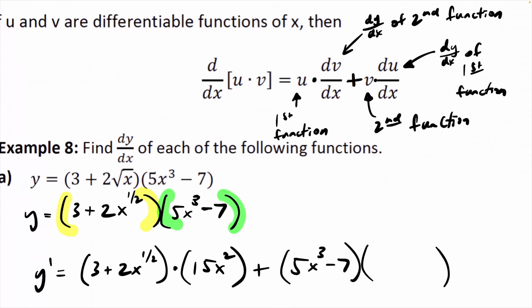What's the derivative of 3? 0. How do I do the derivative of 2x to the 1/2? Minus 1 from the power, so what power would it be? Negative 1/2. And then what do I multiply 2 by? So I get 1x to the negative 1/2.